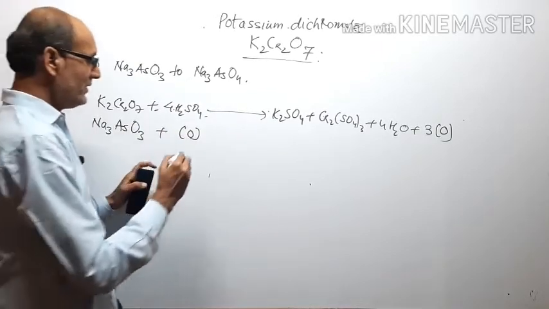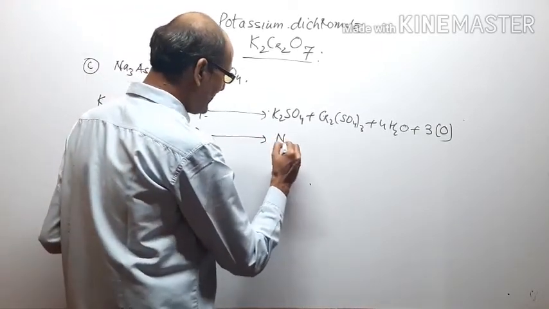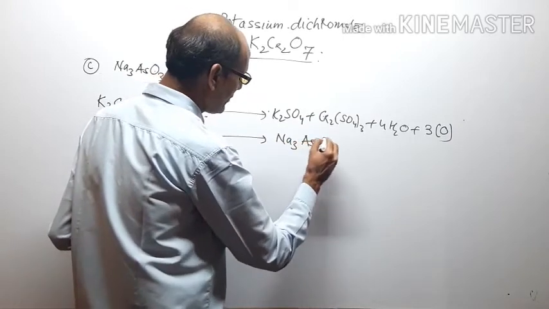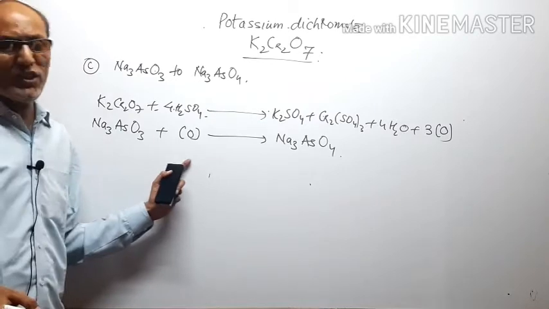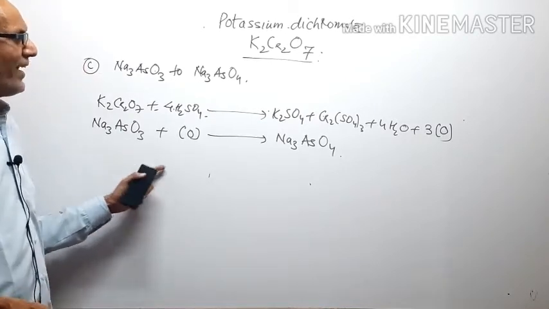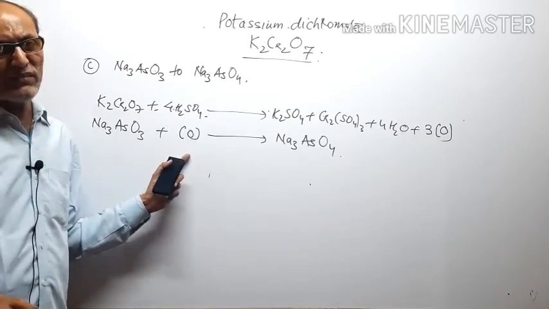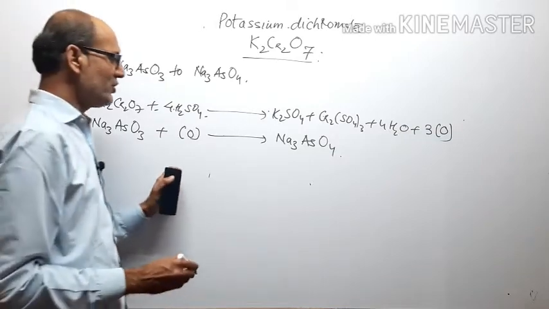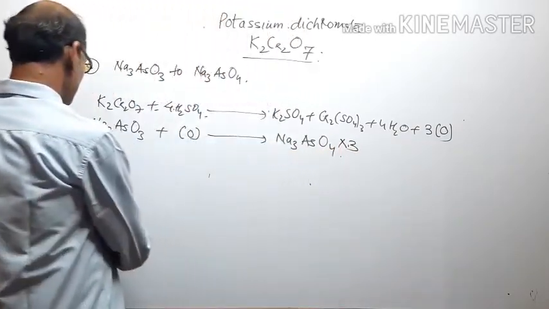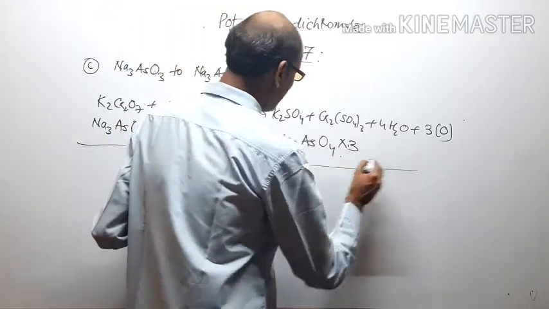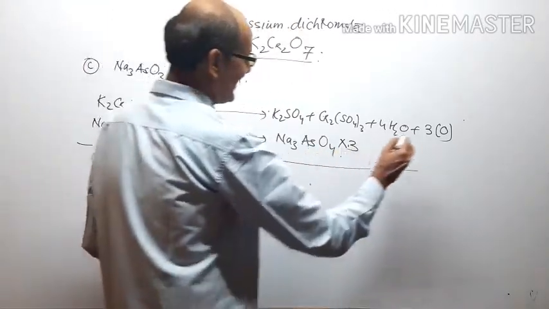So you will get Na3AsO4. This is the balanced equation. And students, for equalizing the number of oxygen, again we have to multiply the equation by 3. So there are 3 oxygen. Now we can cancel the oxygen on both sides like this.